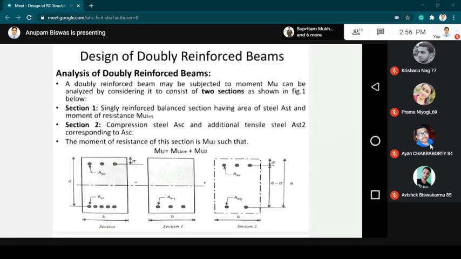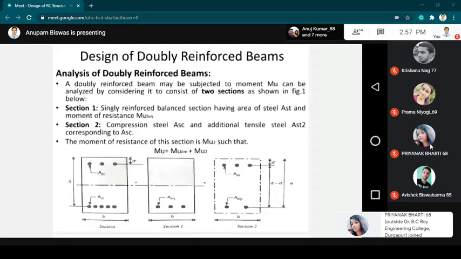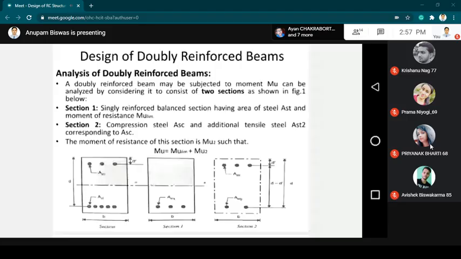All of you have understood this concept of double reinforced beam, with reinforcement area suppose AST1 and another section B of compressive zone reinforcement and consecutive extra tensile reinforcement in the form of AST2.